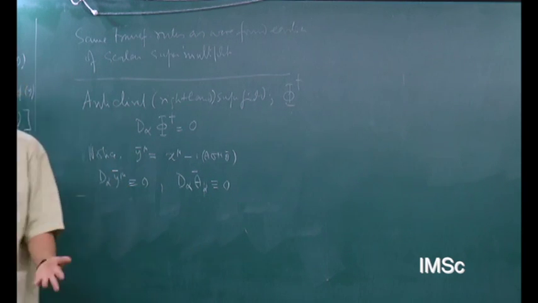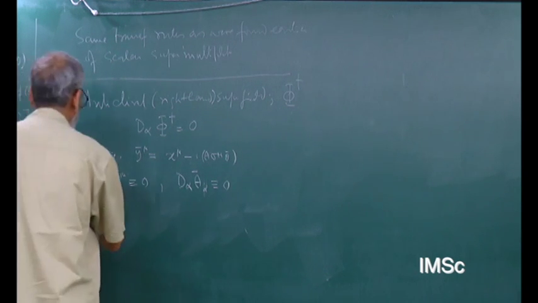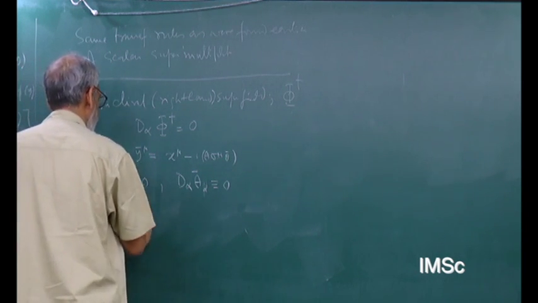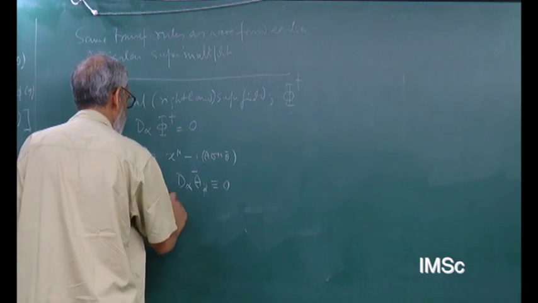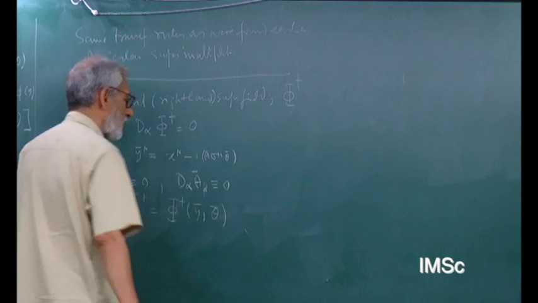So what it tells me is the same argument again, that an anti-chiral superfield I can write as a function of y bar and theta bar. So this implies that phi dagger is a function of y bar and theta bar.